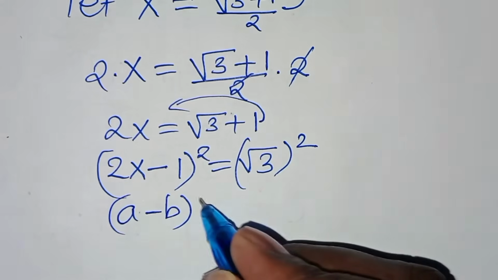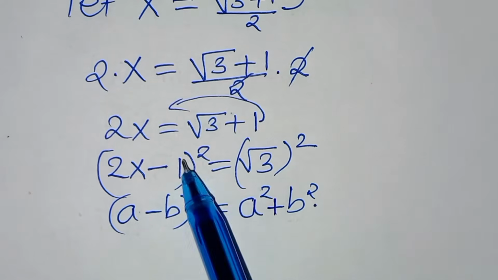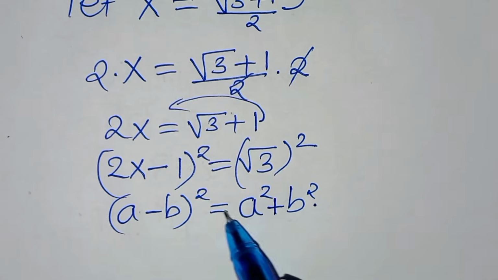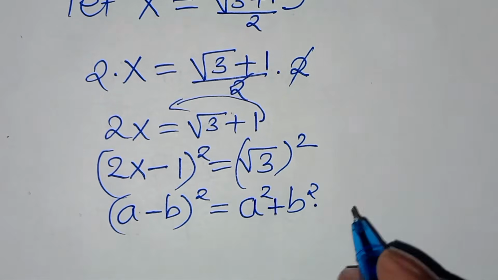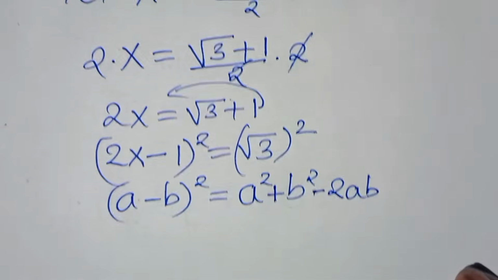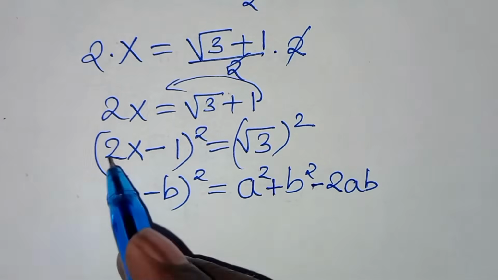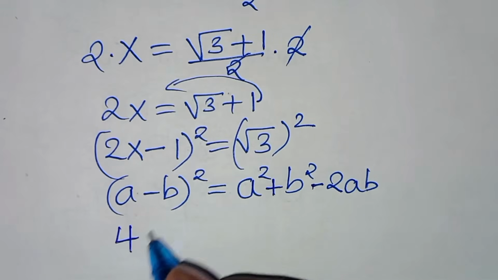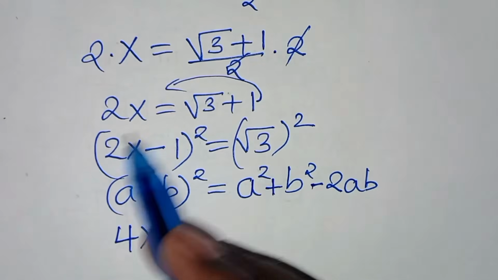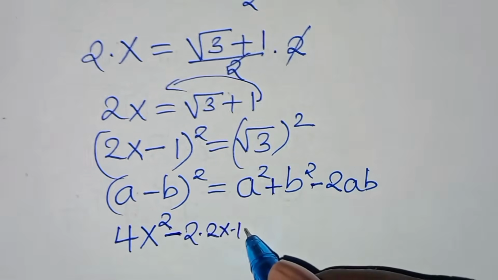And you find that 2x minus 1 squared, this is in the form of a minus b squared, which we can express as a squared plus b squared subtract 2 times a times b. So applying this algebraic identity, then here we have 2x squared, which is 4x to power 2, subtract 2 times 2x times 1, then plus 1.